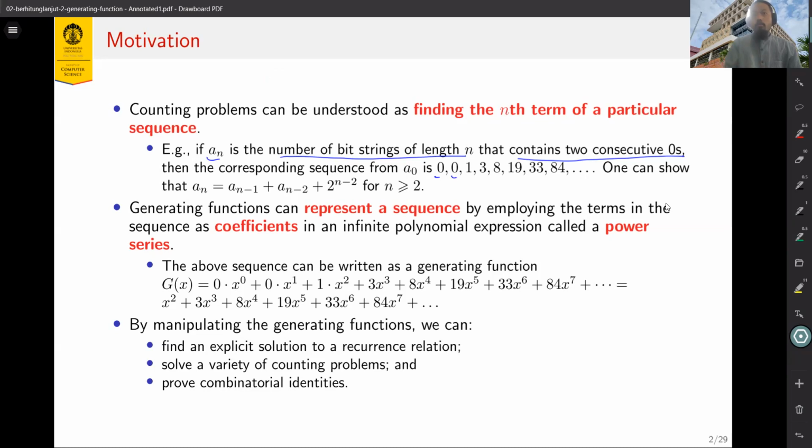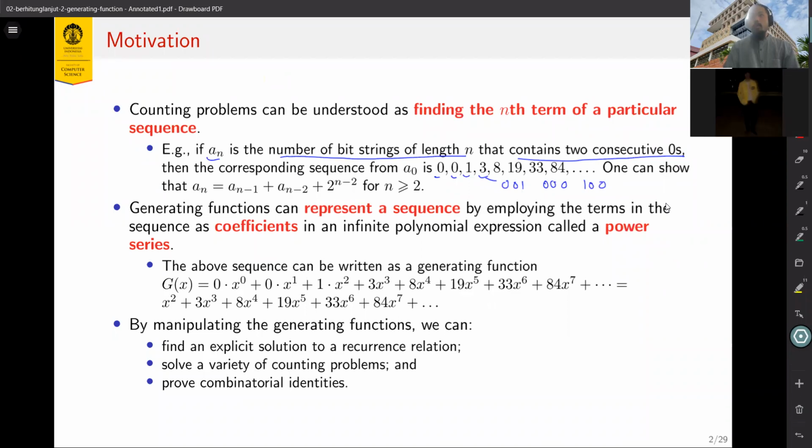Meanwhile, there is only one bit string of length 2 containing 2 consecutive zeros, and there are 3 bit strings of length 3 that contain 2 consecutive zeros, namely 001, 000, and 100, right?